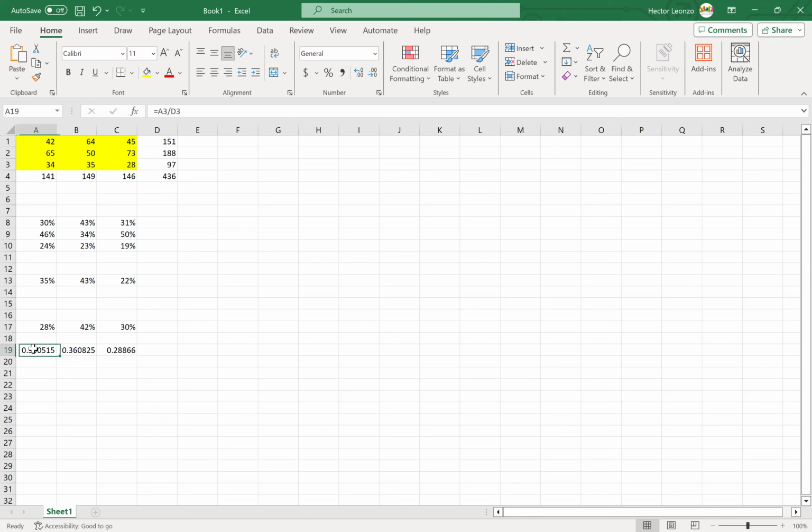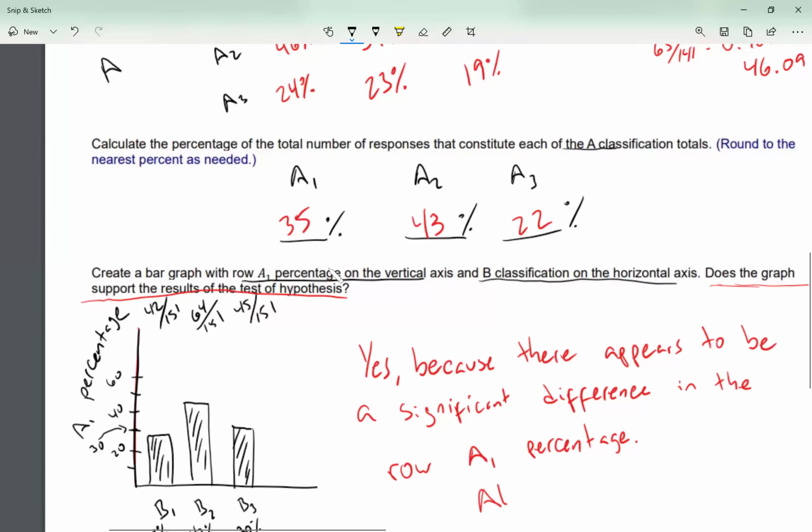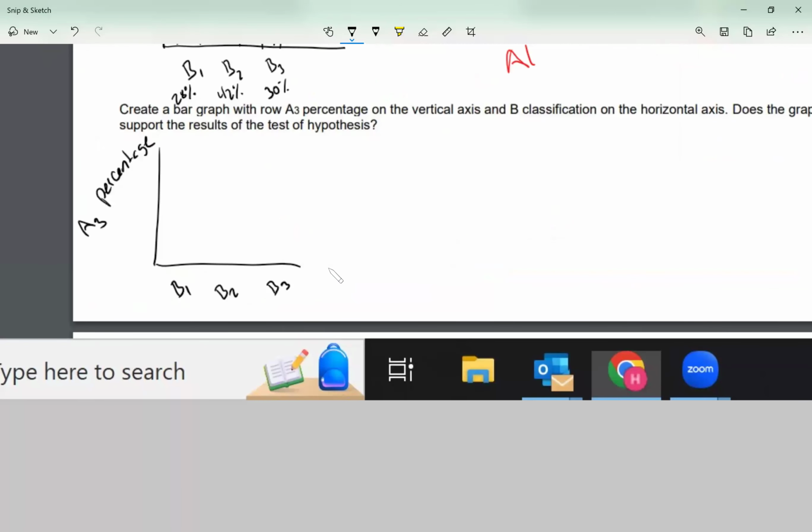These decimals, I can multiply by 100 and round to the nearest whole number, or I can just ask Excel to do it: highlight them, press percentage, and it gives me my percentages: 35, 36, 29. So let me come back here. My B1 has to go up to 35%. My B2 has to go up to 36%. My B3 has to go up to 29%.